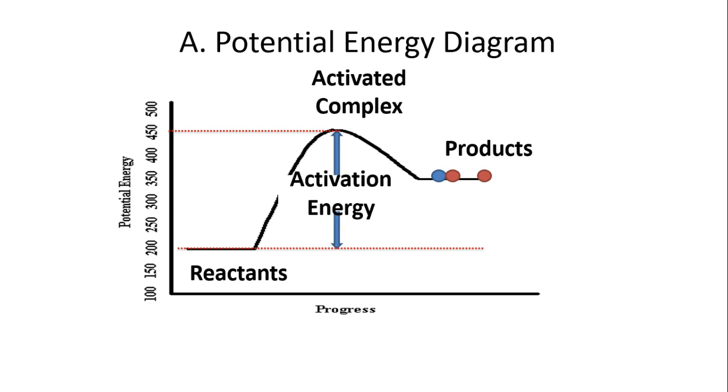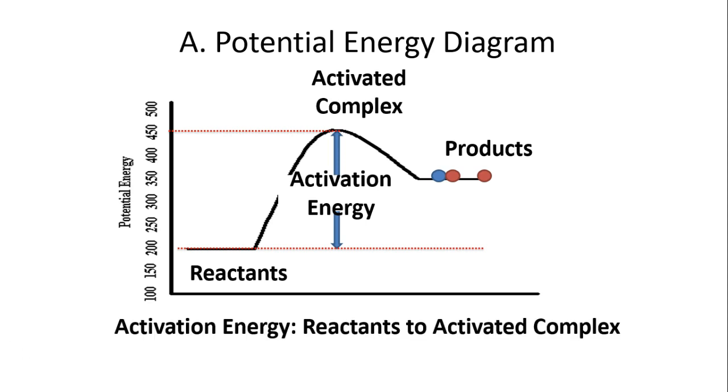So label that. If you had to find that out mathematically, how much energy do you have to add to the reactants in order for them to become the activated complex? You would just take 450, which is the amount of the energy of the activated complex, and subtract 200, which is the amount of energy that the reactants have. Notice they don't start at zero. They already come with their own potential energy.